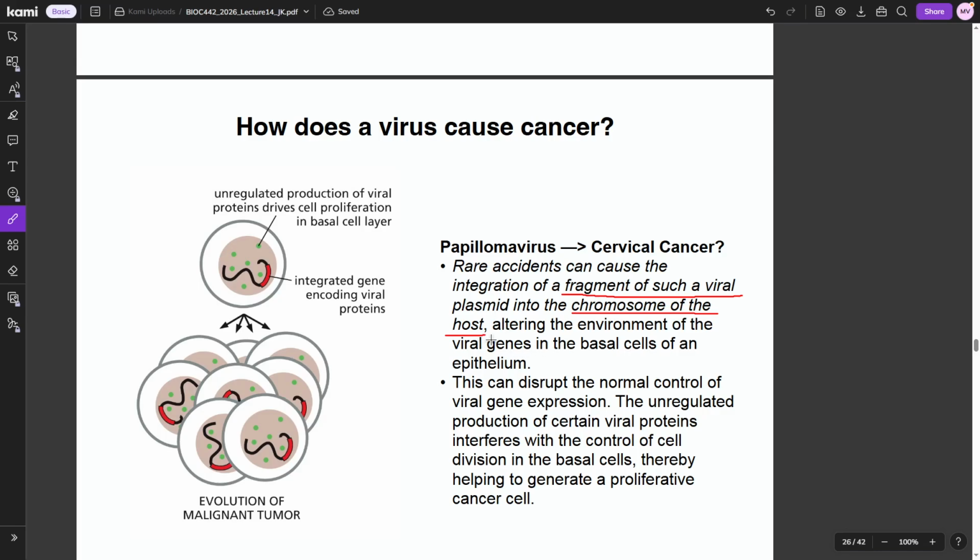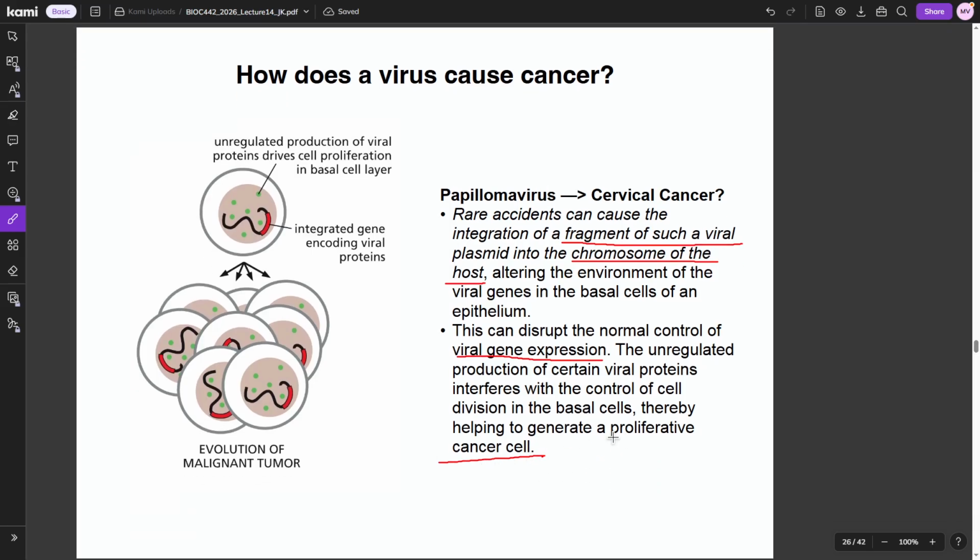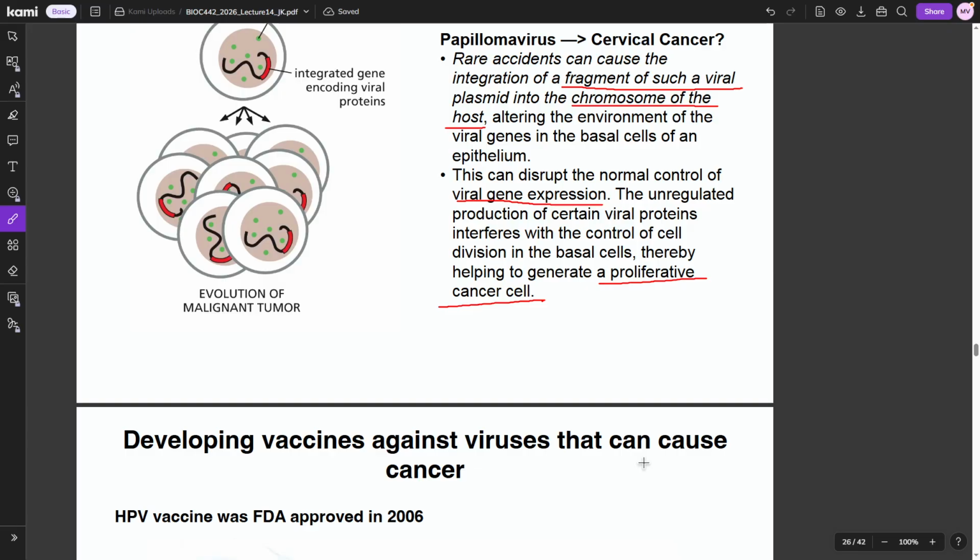So these viral genes are now exposed to probably more transcription, more translation, and this disrupts the normal control of viral gene expression. Normally these viral genes are expressed at some level, but when they're in the actual chromosome, they might be expressed a lot more than they normally are. And so the unregulated production of certain viral proteins messes with cell control and cell division, and therefore causes cancer because it leads to proliferation a lot of the time.